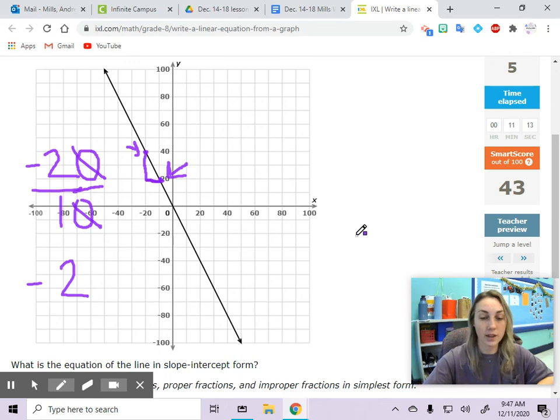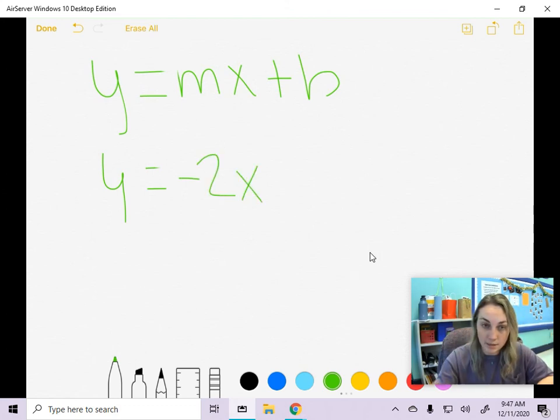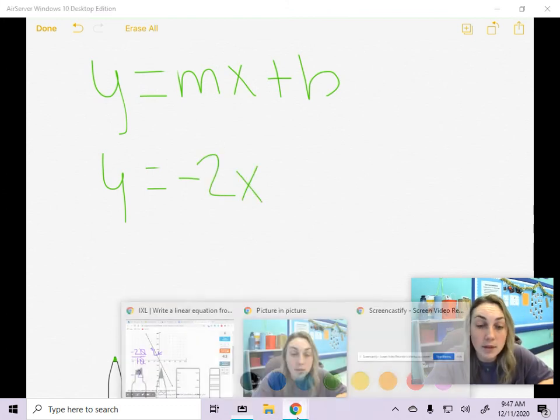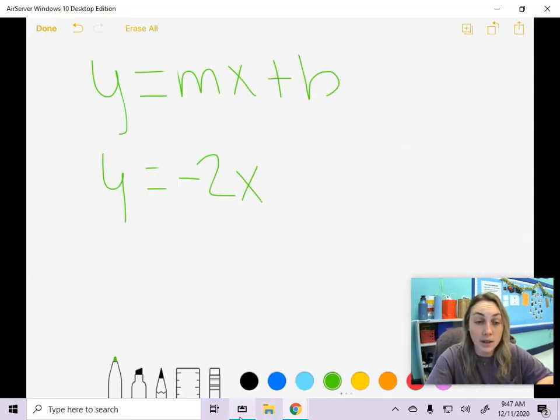So I can go back to here. My slope was negative 2, so I'll put that into the equation. And then you always put x. X is always going to be in there. Now we have to find the y-intercept. So where does this line cross the y-axis? Well, if we follow the line, it crosses the y-axis right here, which is at 0. That means our y-intercept is plus 0.